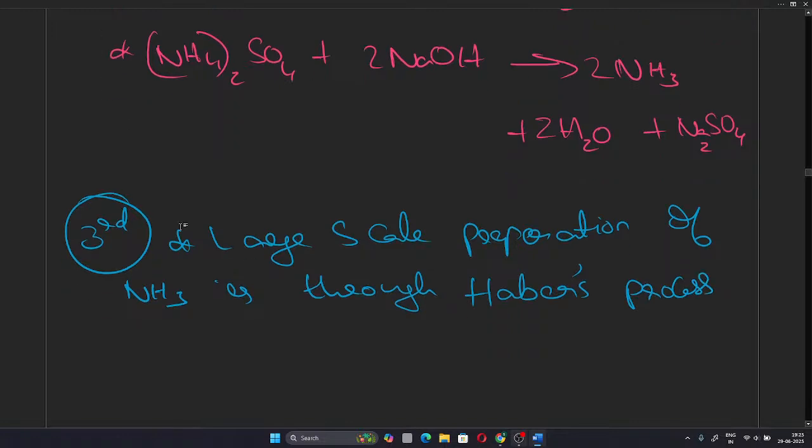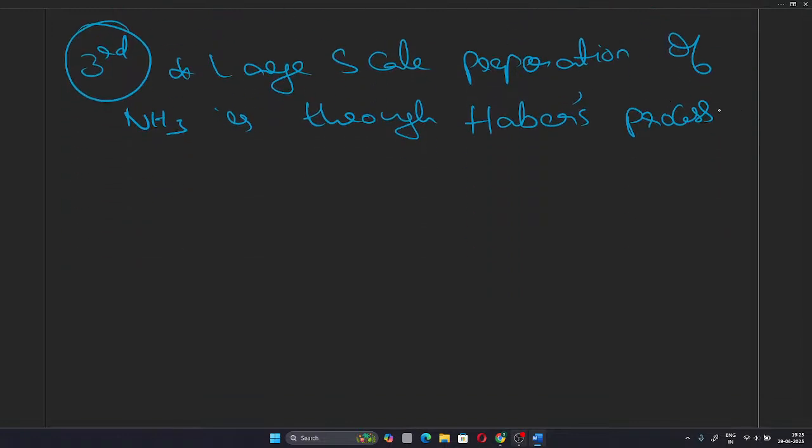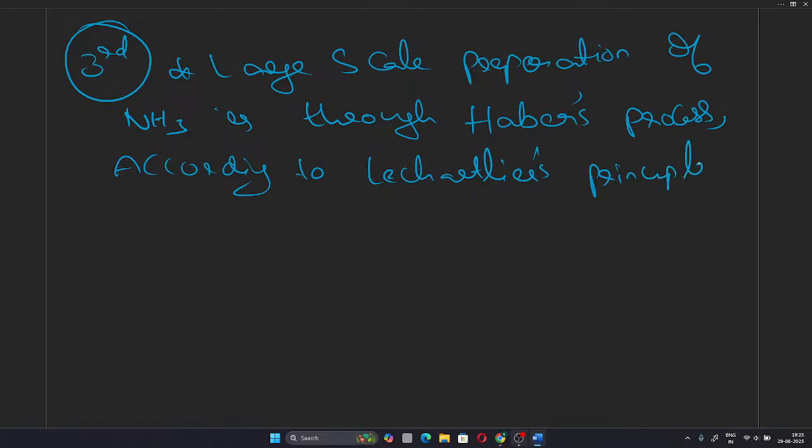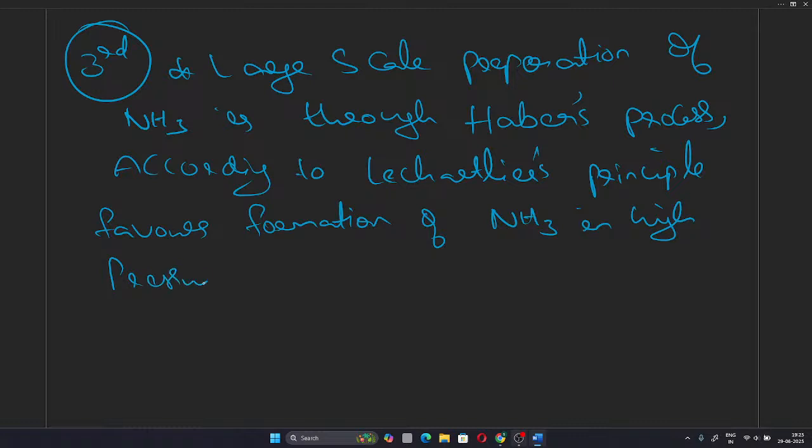Now Haber's process, according to Le Chatelier's principle, favors formation of ammonia in high pressure of reactants.